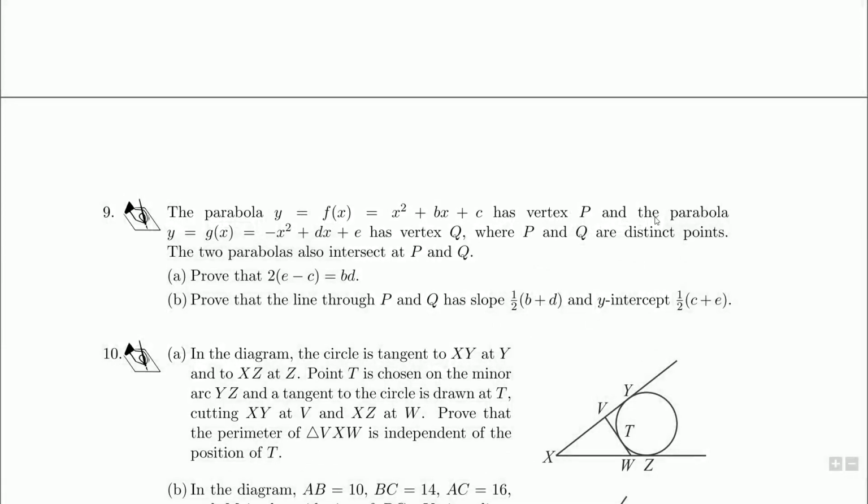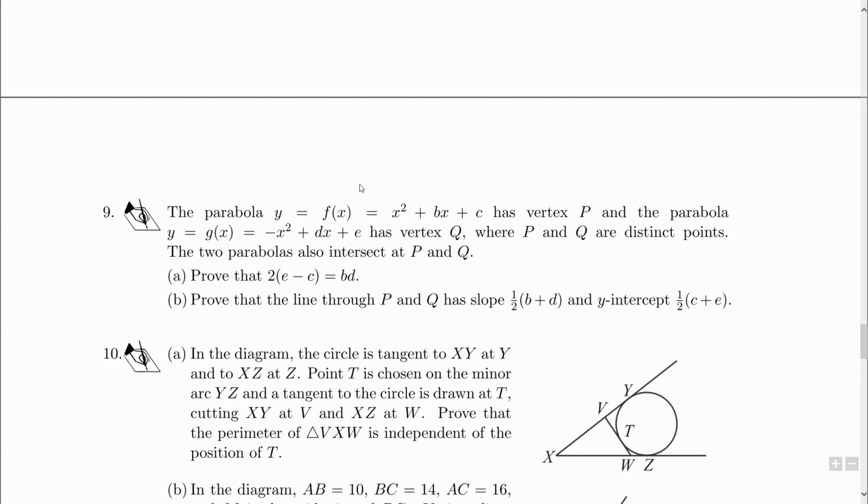Question number 9. So, the parabola y equals f of x equals x squared plus bx plus c has vertex p, and the parabola y, and we're calling it g of x now, equals negative x squared plus dx plus e has vertex q, where p and q are distinct points.